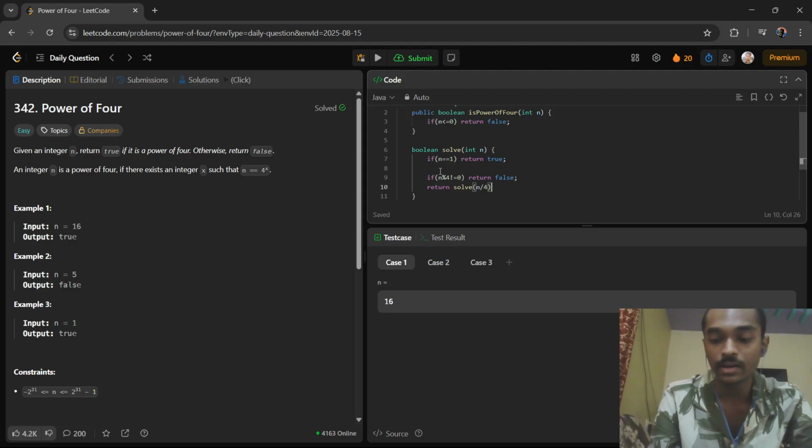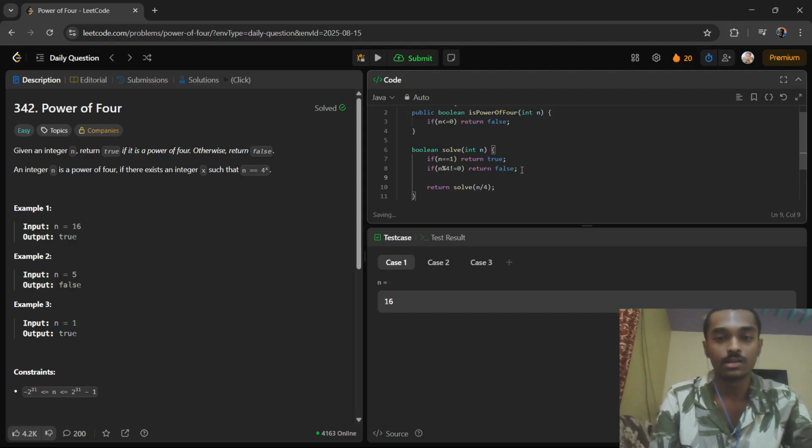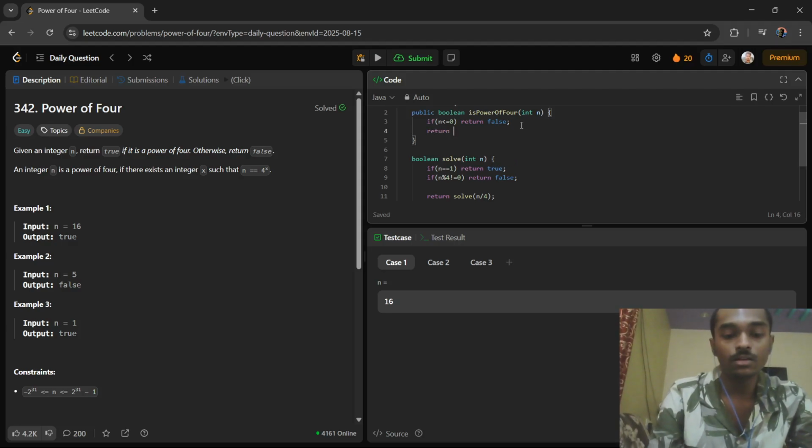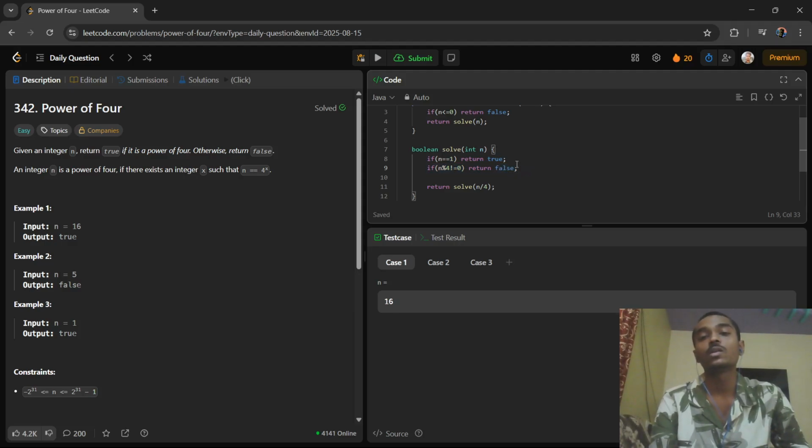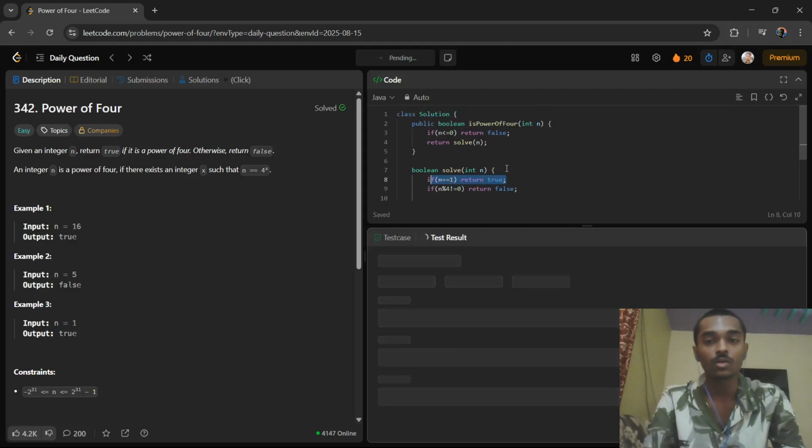This is an integer division, right? So every time we divide the number by 4 and check if it is not divisible by 4, then return false, and at the base case we return true. Let's see if it works or not.